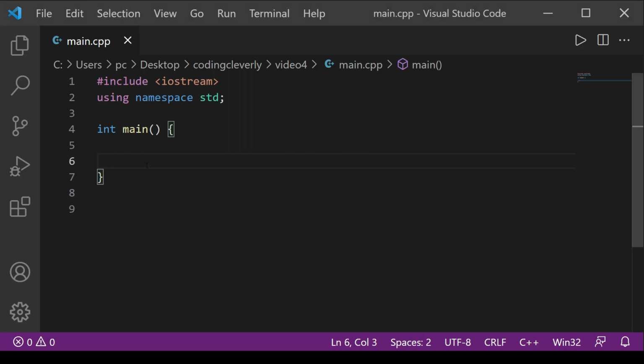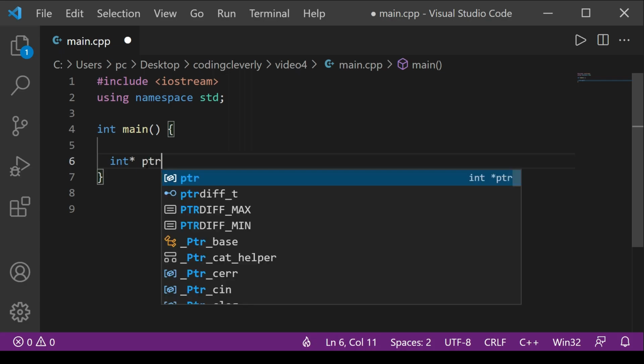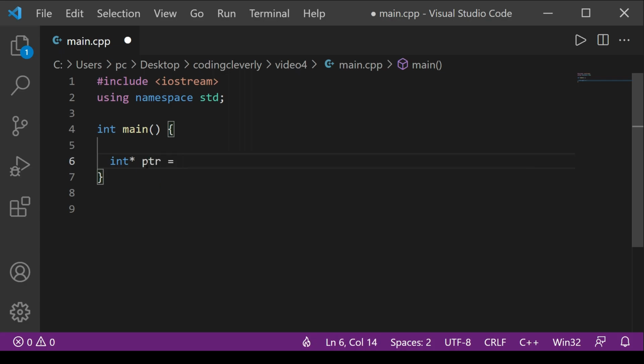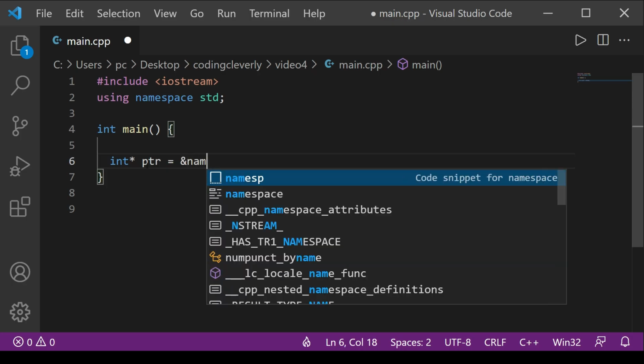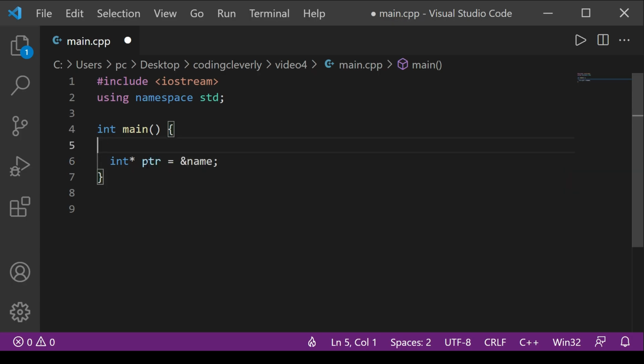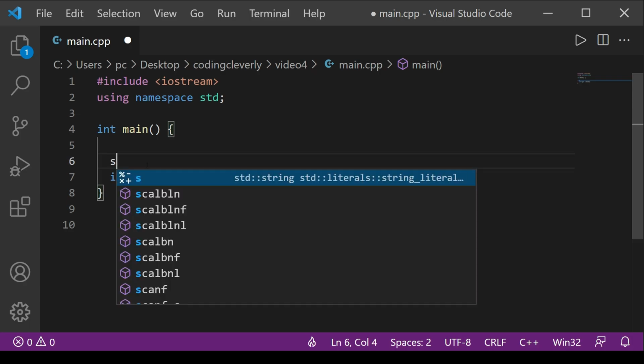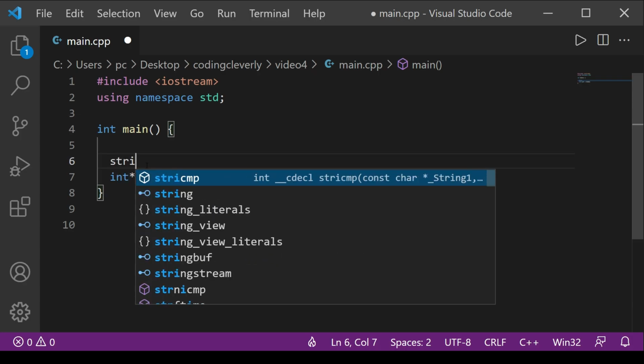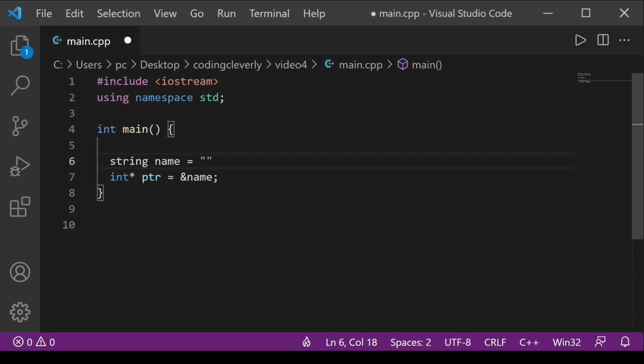So if I'm talking about uninitialized, here we have a pointer. We have a pointer to int, so we say ptr. Now I have to give a reference variable to this. Suppose we have the address of a name, and that name is defined before. So it should have a string, so let's say string name, and we're supposed to have that name defined over here, let's say coding cleverly.